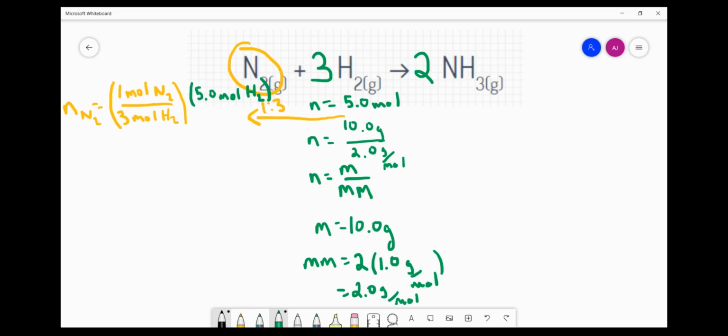Or the moles of nitrogen is going to be equal to the moles of hydrogen, 5 moles, multiplied by the ratio in which they react. And note how I'm turning the ratio into a fraction. The numerator has the moles of the substance which I'm trying to find. The denominator has the moles of the substance which I already have. And the numerical quantities are the coefficients in the chemical equation. A 1:3 ratio.